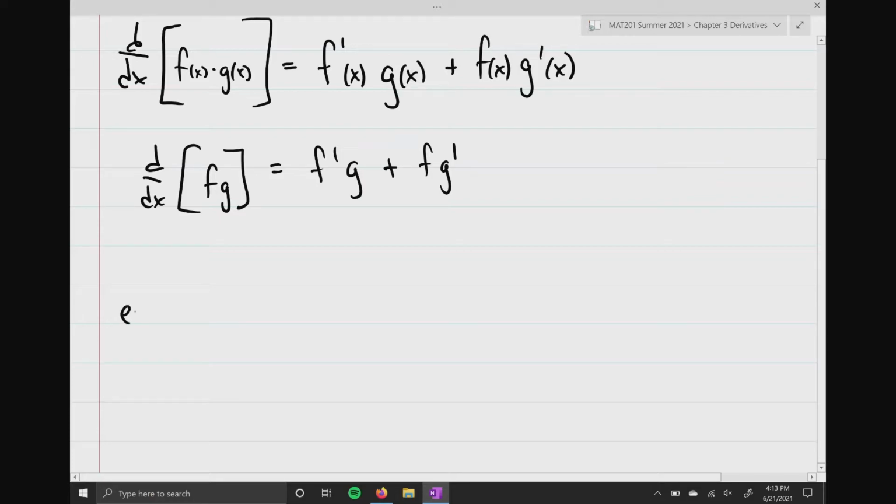So the first example I'd like to go over, let's do d dx of x to the fourth times 4 times the square root of x plus 1. Keep it simple. Okay?